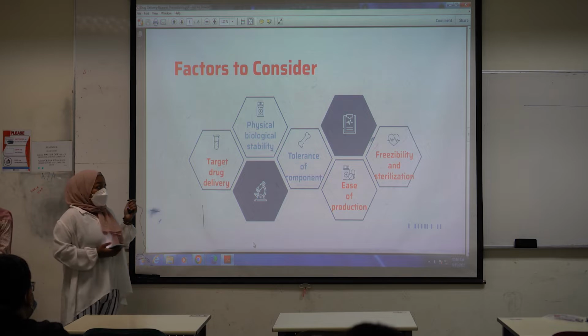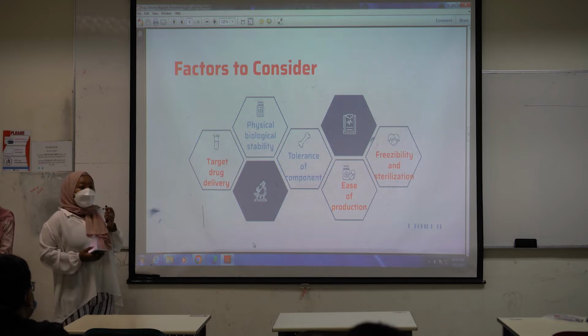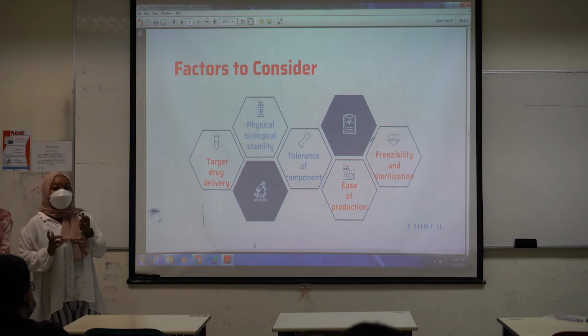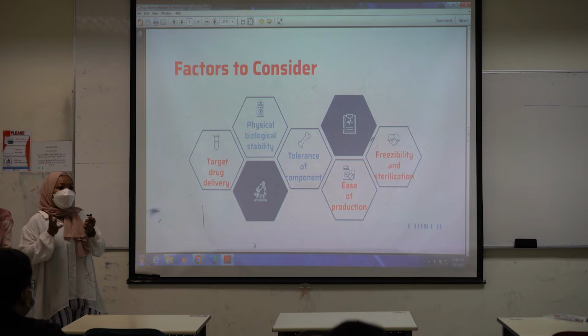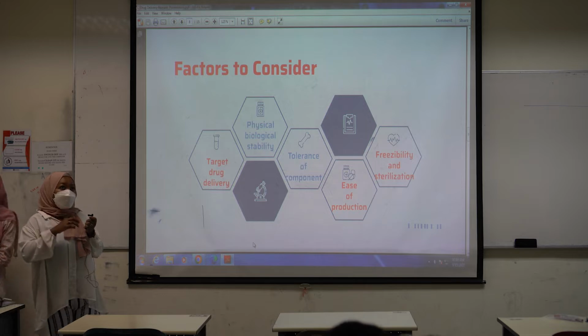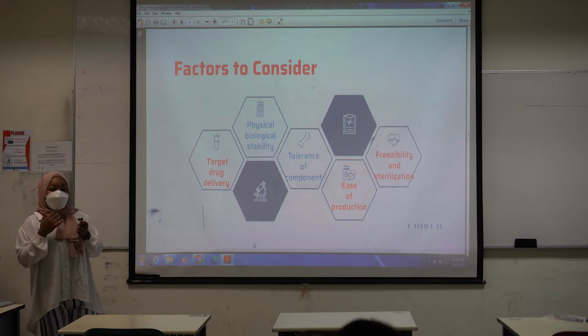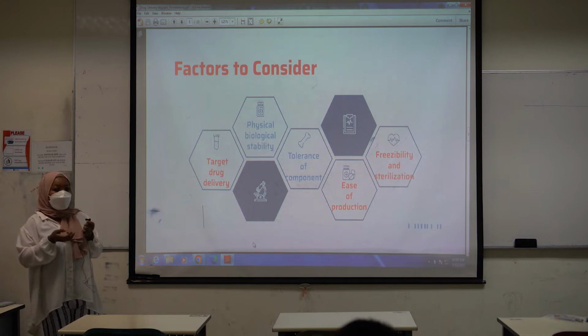So the nanocarrier needs to be able to integrate both the soluble and non-soluble drug inside and be able to reach the targeted cell without being damaged, so the treatment will be more effective.